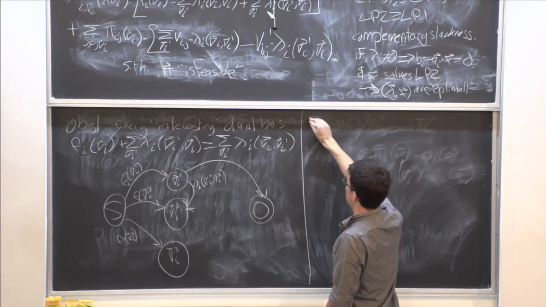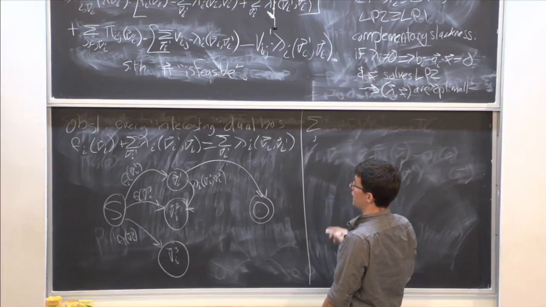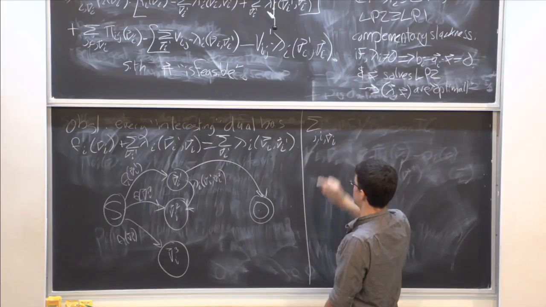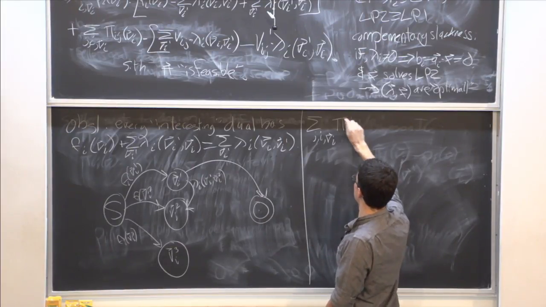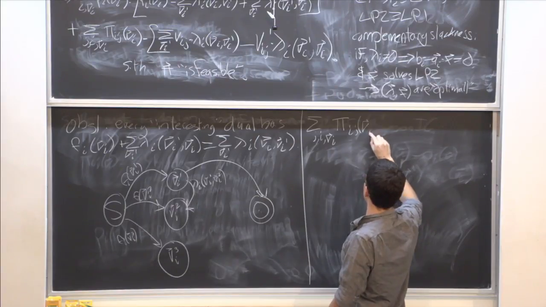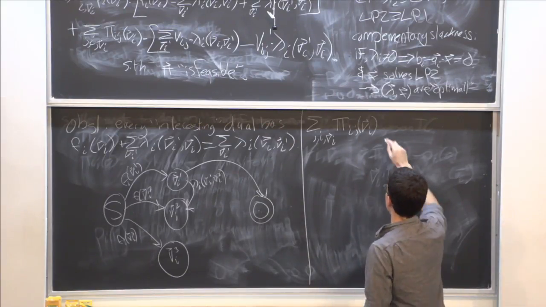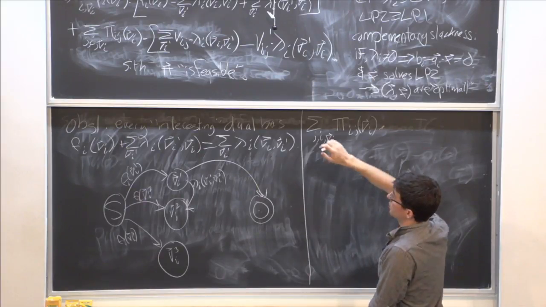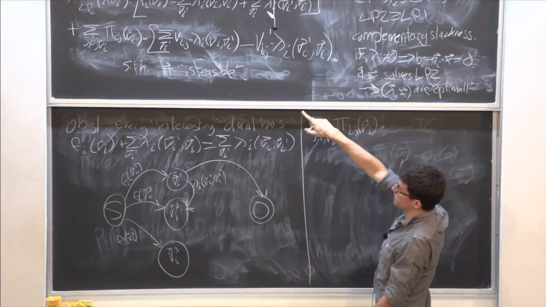And so that's going to be the sum over all j, sum over all i, sum over all vi, pi ij of vi times... okay, let's see what substitution we have.